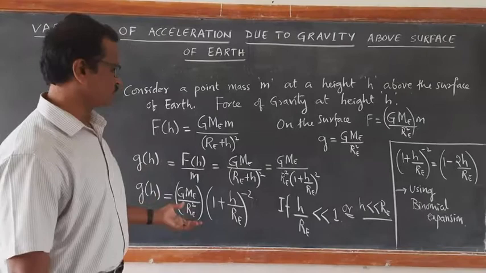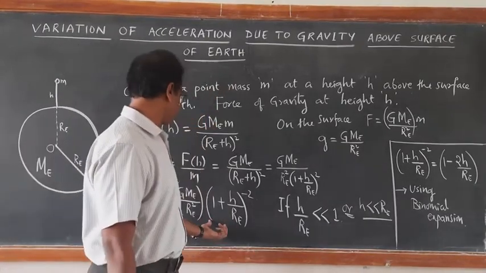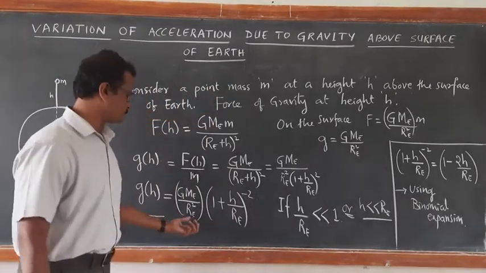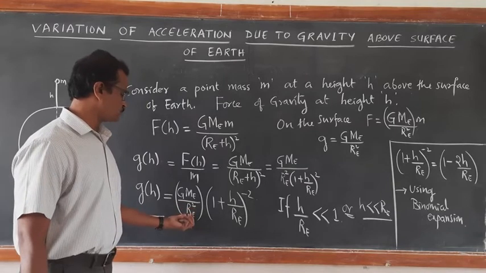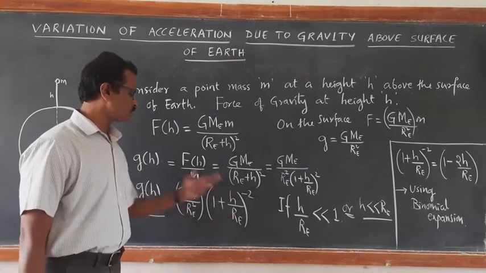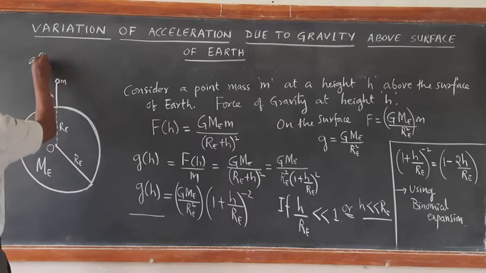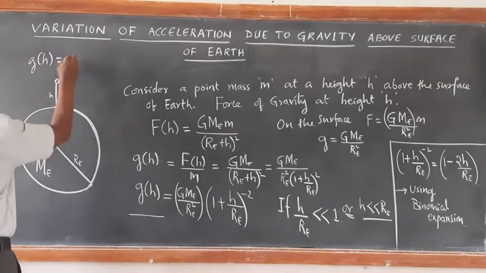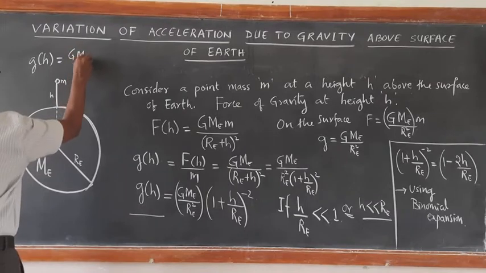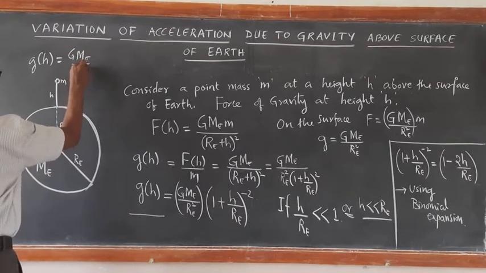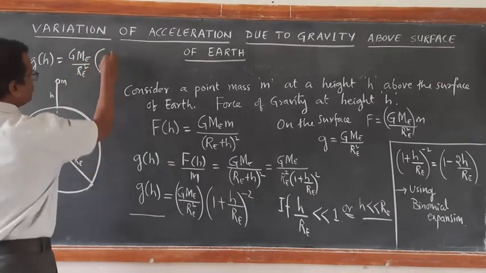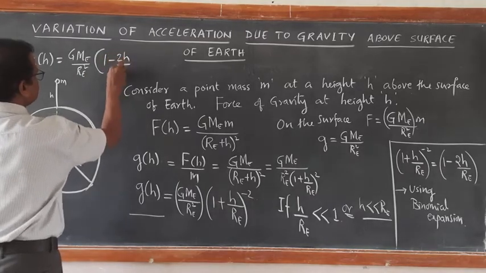So if you substitute this, finally we get g at height h is equal to G Me upon Re square into 1 minus 2h upon Re.